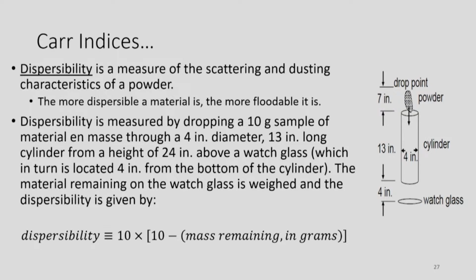He used that to calculate the powder dispersibility. If it's not dispersible, most of the powder will be intact. If it's highly dustable and dispersible, most of the powder will be outside of this perimeter. That shows it's highly floodable, highly free flowing material.